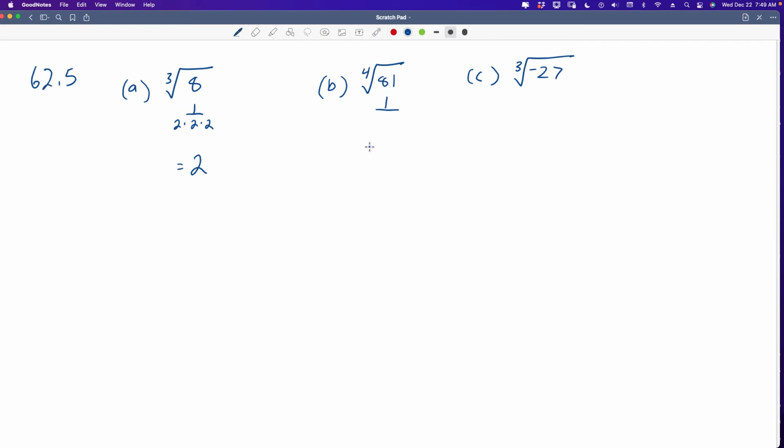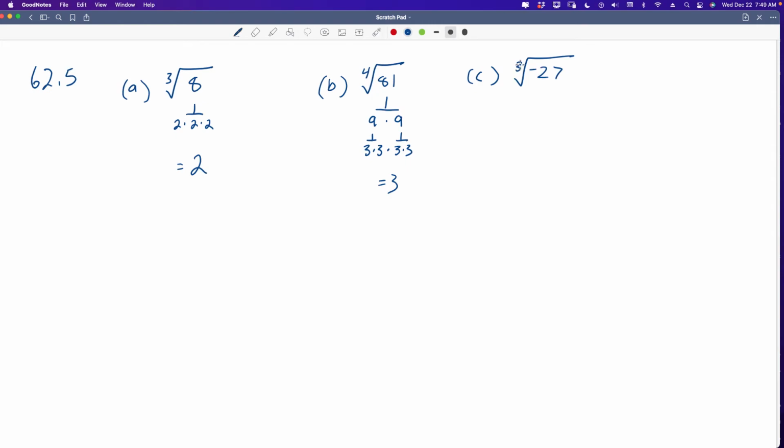We remember that because we have that reference in the back of our book. And we know that it's 9 times 9. But that's only 2 numbers. Wait a minute. 9 is a perfect square also. We know that 9 is 3 times 3. So both of those are 3 times 3. 1, 2, 3, 4 exact same factors give us 81. So that equals 3. Okay?